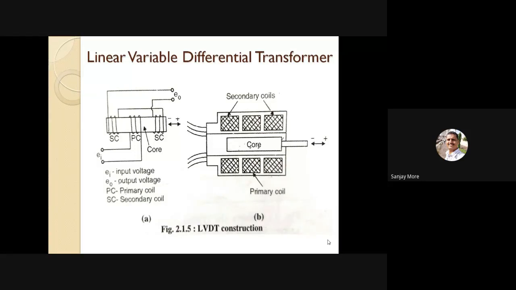This is one type of position transducer to find out the position. Give the heading linear variable differential transformer and draw this diagram within 5 minutes.